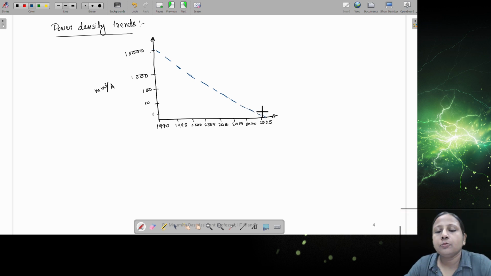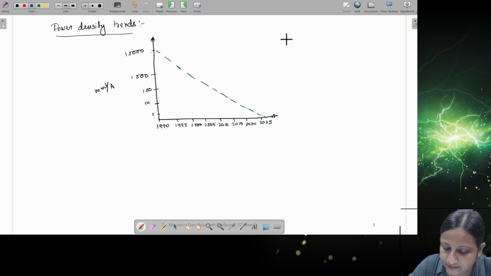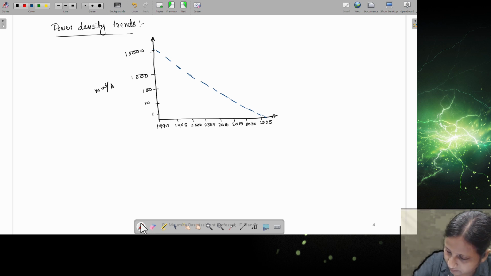Now we're starting from 1990. There are different generations of semiconductor devices that we started using from 1990 until now, 2025. So we can write the semiconductor devices with respect to generation 1, generation 2, generation 3, generation 4, generation 5.